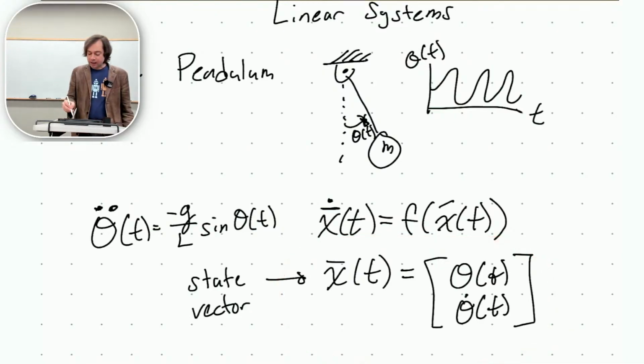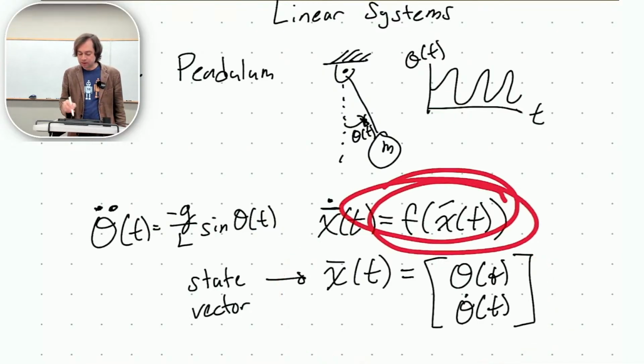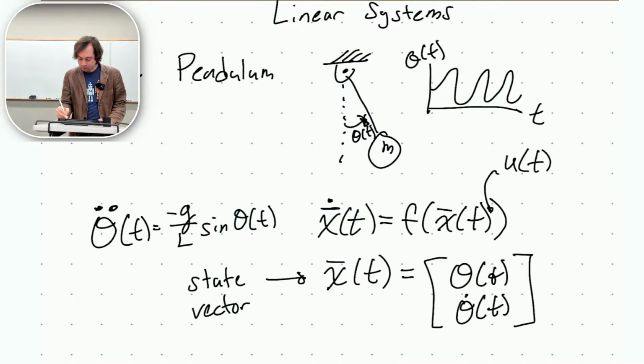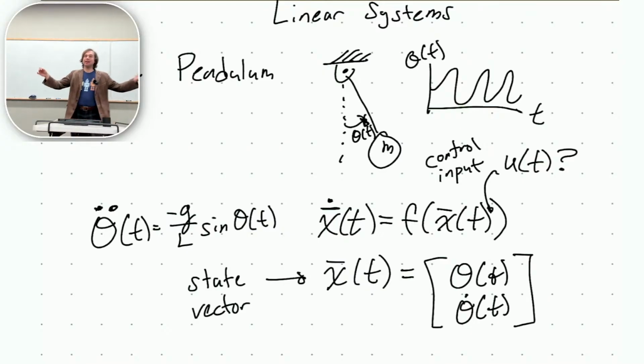And note that when I wrote this, that's a little bar. Just make that flatter, make it look nicer. That there is no control input, okay? U of t, that's our control input. It's not in there. There's no control.